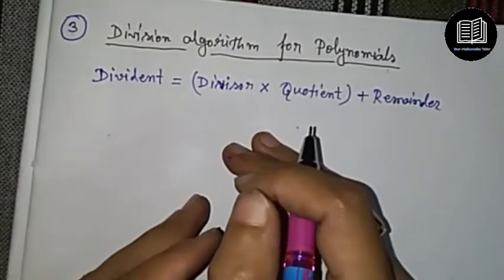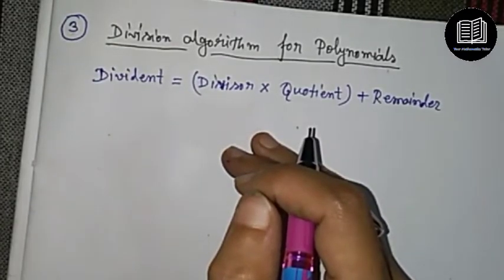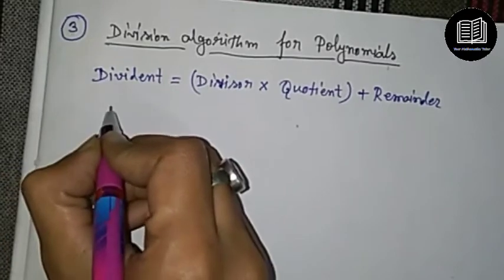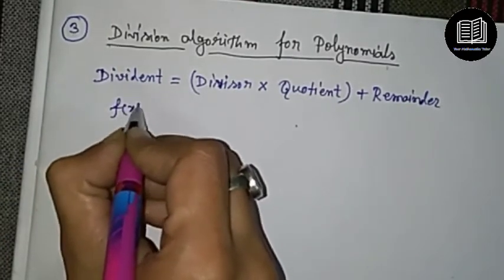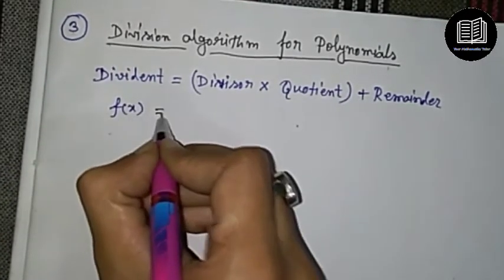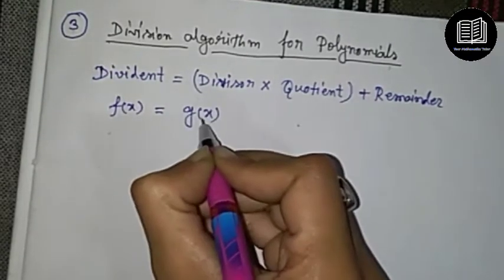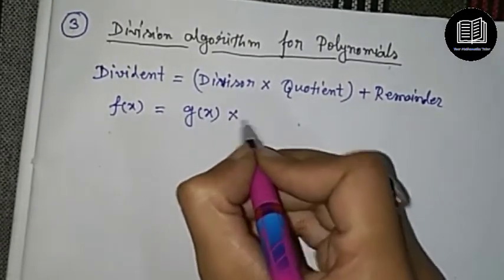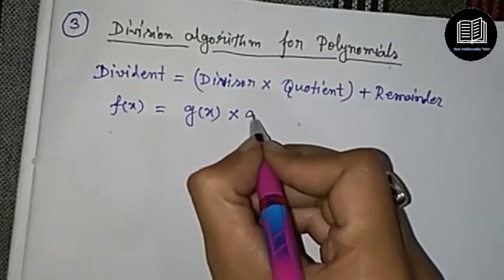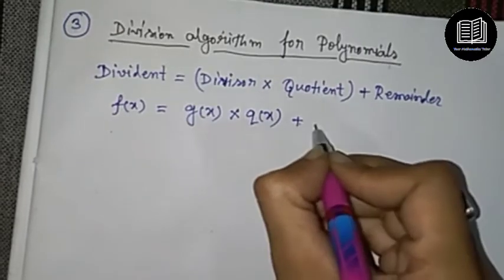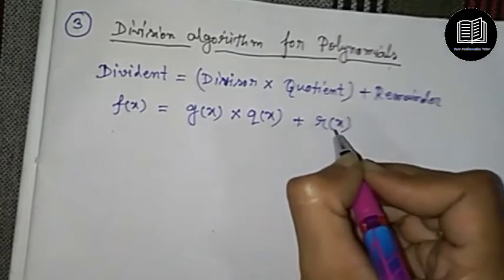This division algorithm is also applicable for polynomials. That means if f(x) is a polynomial and we divide this by g(x), then we can get a quotient q(x) and a remainder r(x).